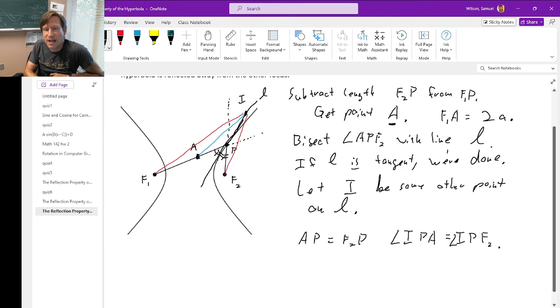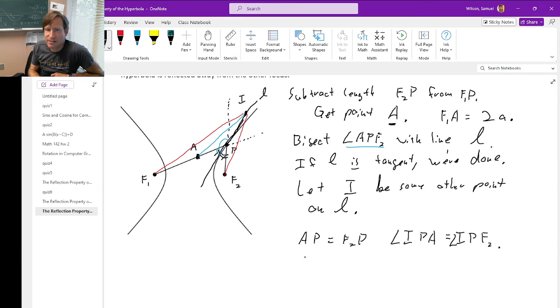Okay, and this is the case because both of these are just a half turn, this blue half turn, minus this other angle at P, which we've already noticed that these two angles are equal to each other, because we created those two angles by bisecting APF2, right? So IPA is equal to IPF2 because of how we bisected APF2.